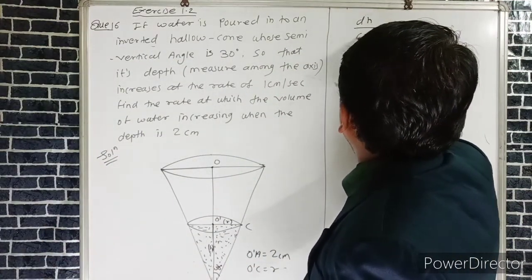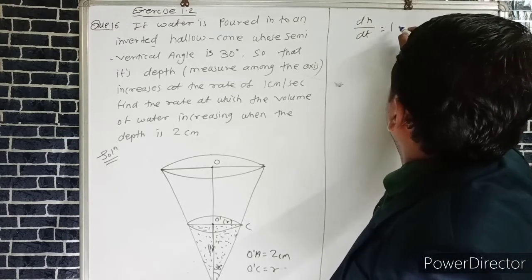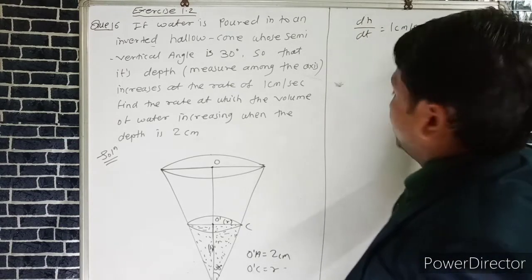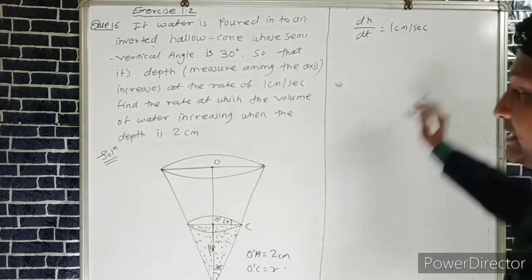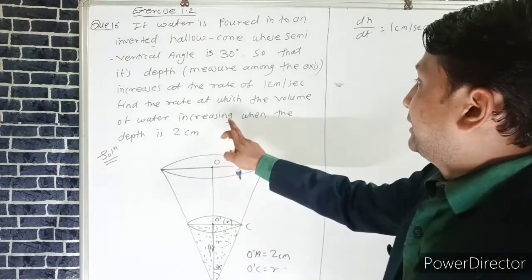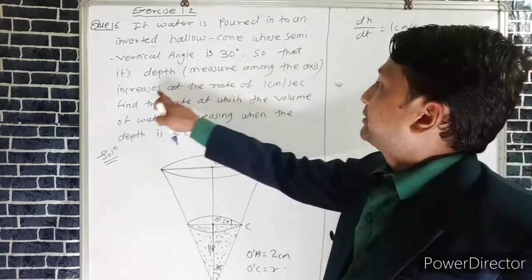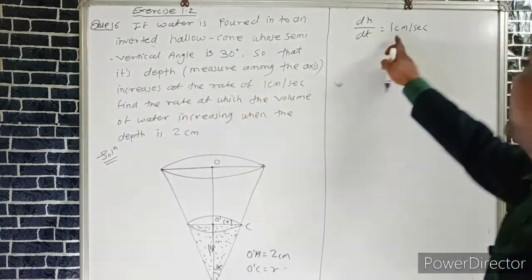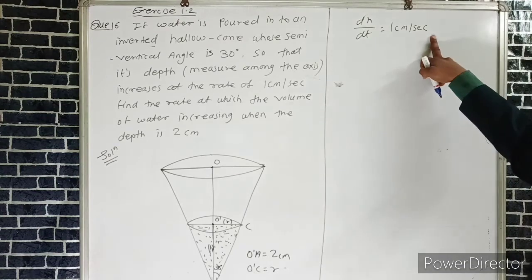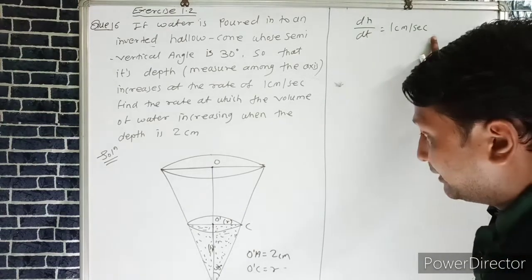Here dH upon dt is equals to 1 centimeter per second, because H is the depth of water. The depth of water increases at the rate of 1 centimeter per second. dH upon dt is 1 centimeter per second.